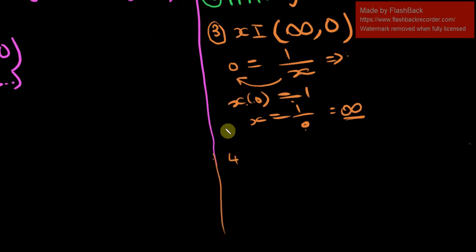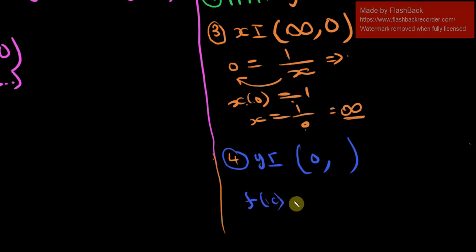Alright, let's look at the y-intercept. x is 0, and we want to find out what y is. f of x is the same thing as y, which is equal to 1 over 0.